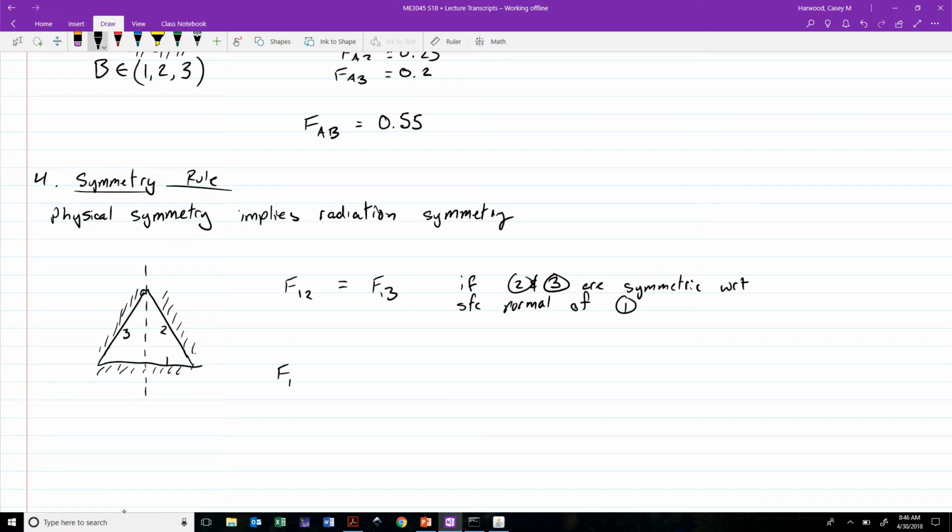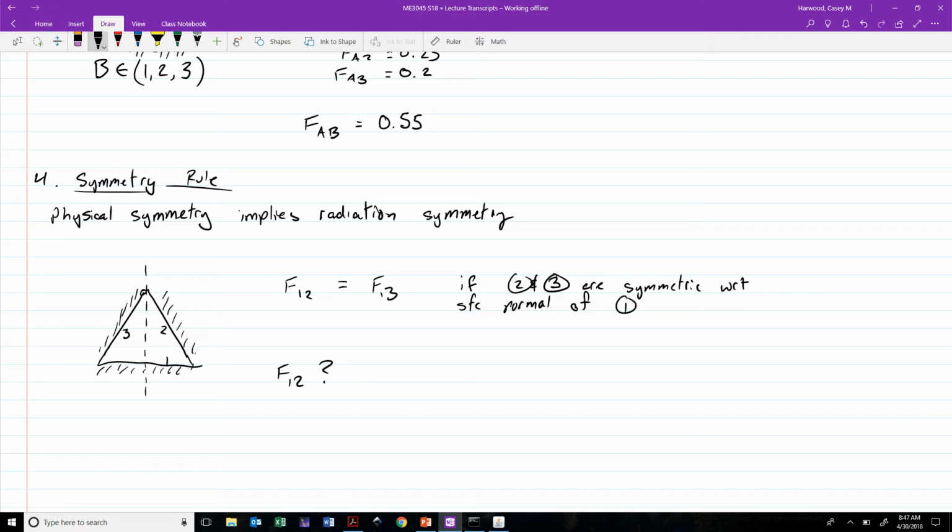So what is the value of F12? It's going to take the symmetry rule and the summation rule to figure this out. I'm hearing a 0.5. That's right.